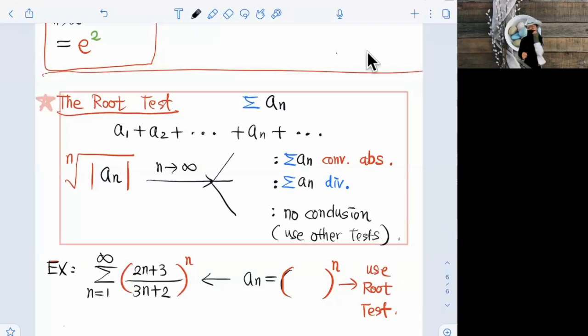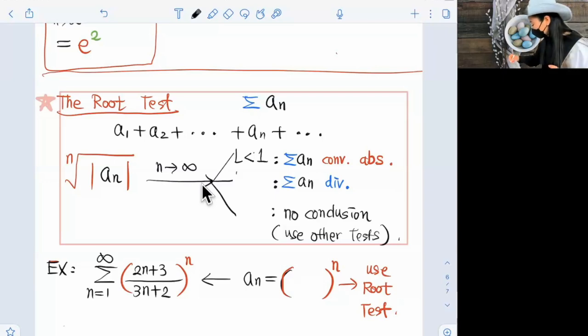The root test is very similar to the ratio test. So you're going to look at the n root of the absolute value of a_n as n goes to infinity. Also three cases. If the limit is less than 1, then the series converges absolutely.